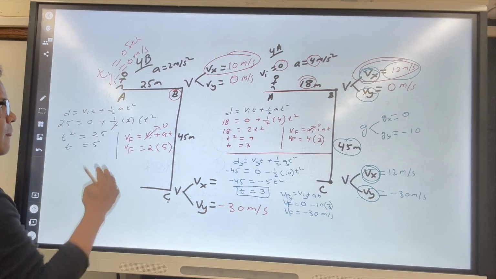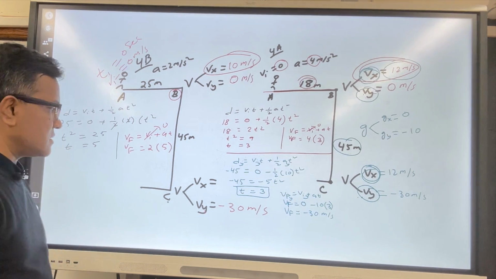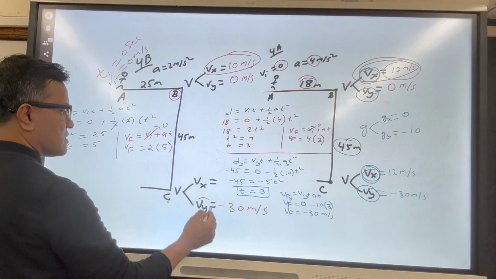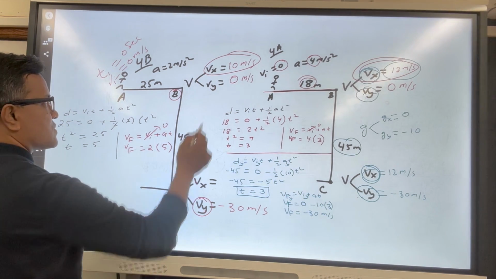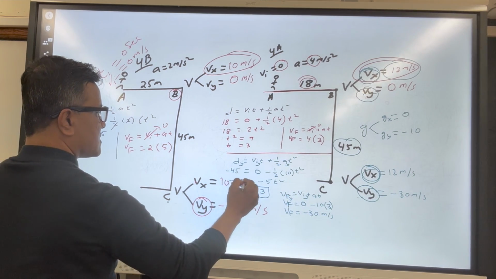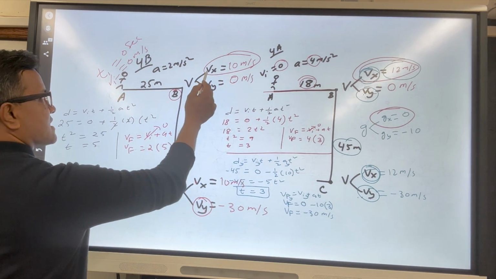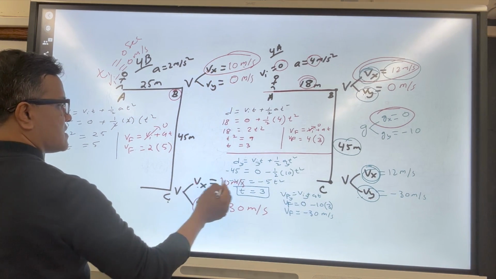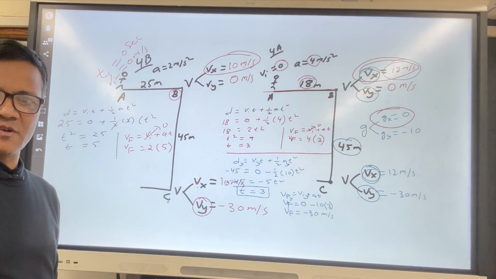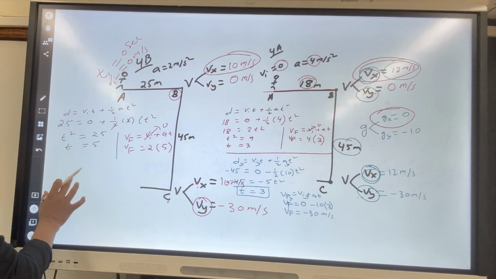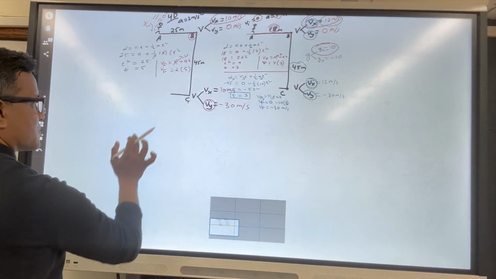It's because Vx has no effect on the velocity in the y direction. Now this Vx has to be the same because acceleration due to gravity in the x direction is 0. If the acceleration due to gravity in the x direction is 0, there is nothing to affect the velocity in the x direction. That's the point I'm trying to make. All right, so this is problem number 1 or idea number 1. Now let's move to idea number 2.